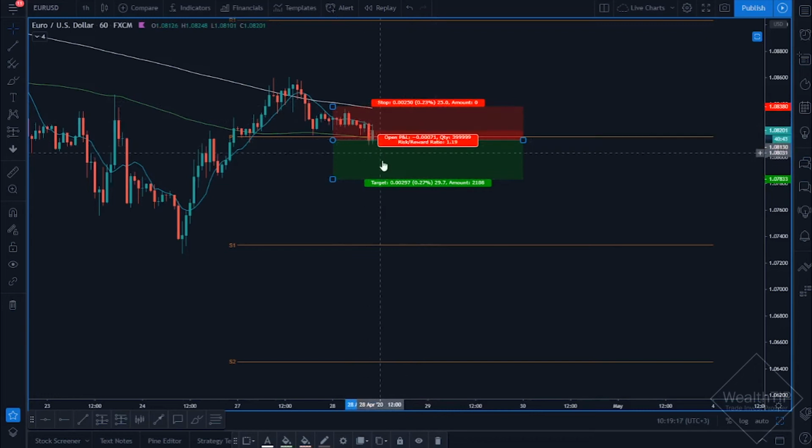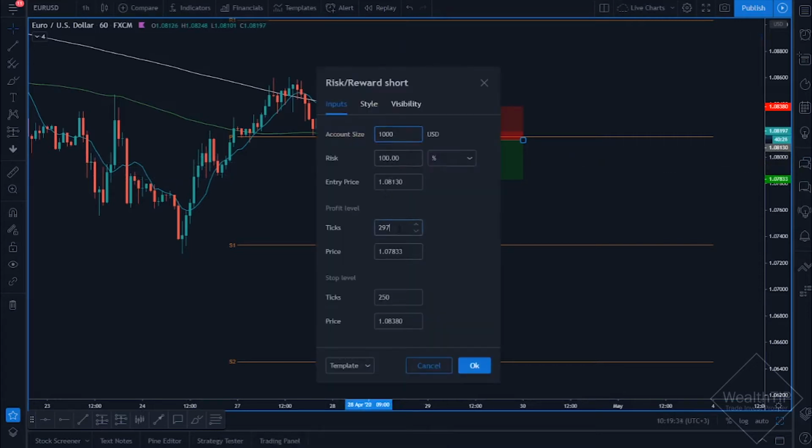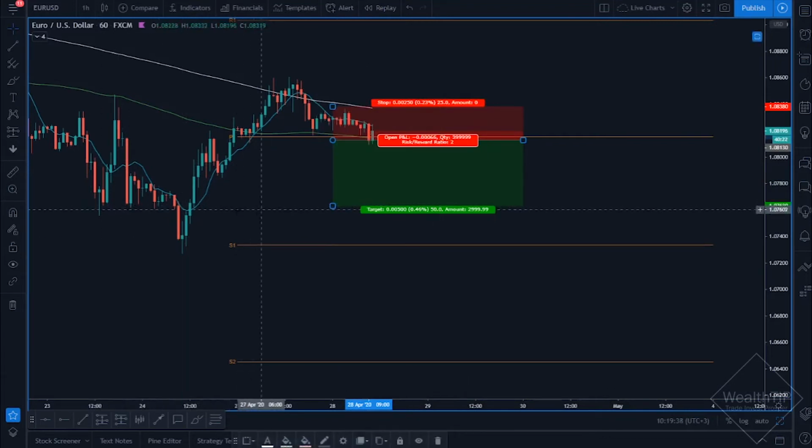So if the market makes its way over here, I would have closed the position on, let's say, 30 pips, and that first target would count as paying for the trade. I do, however, need to disclose that my first target is over here at these lows.